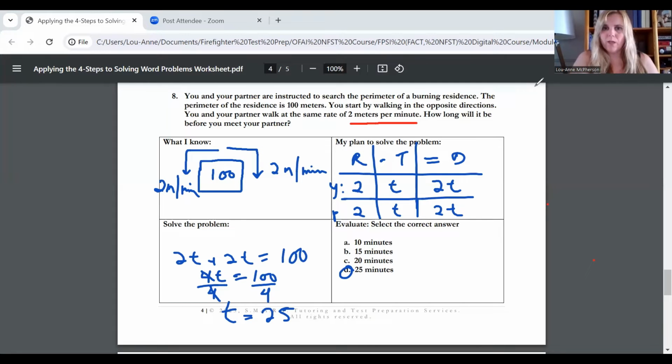And we can see that we are working with time because they want us to determine how long it will be before we meet our partner. So how long is in reference to time. So I'll put time right here. And then our total distance is 100 meters. And that is right there.